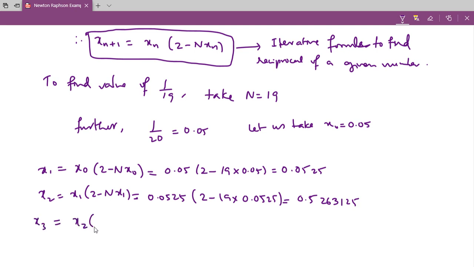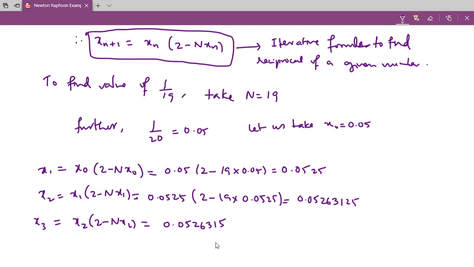So next you can go for x3. x3 is x2 into 2 minus n x2. So x3 is 0.05263115. Okay.